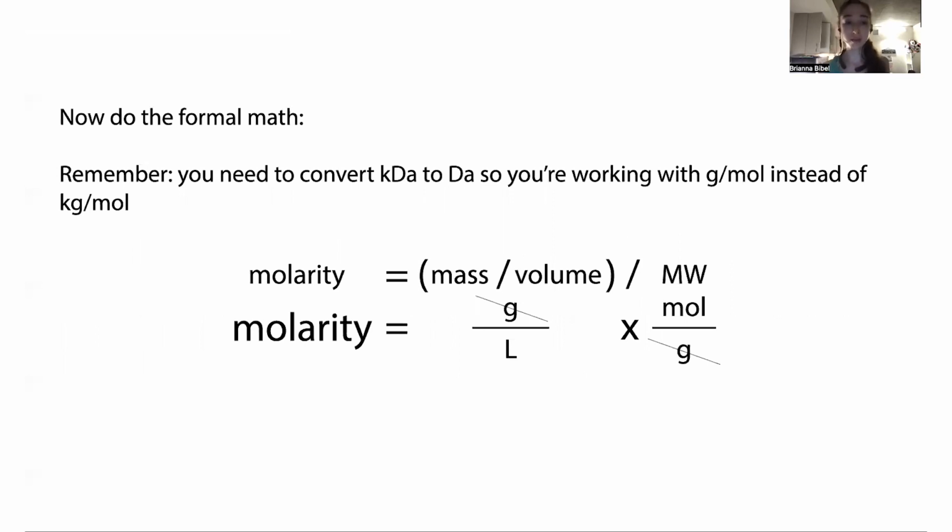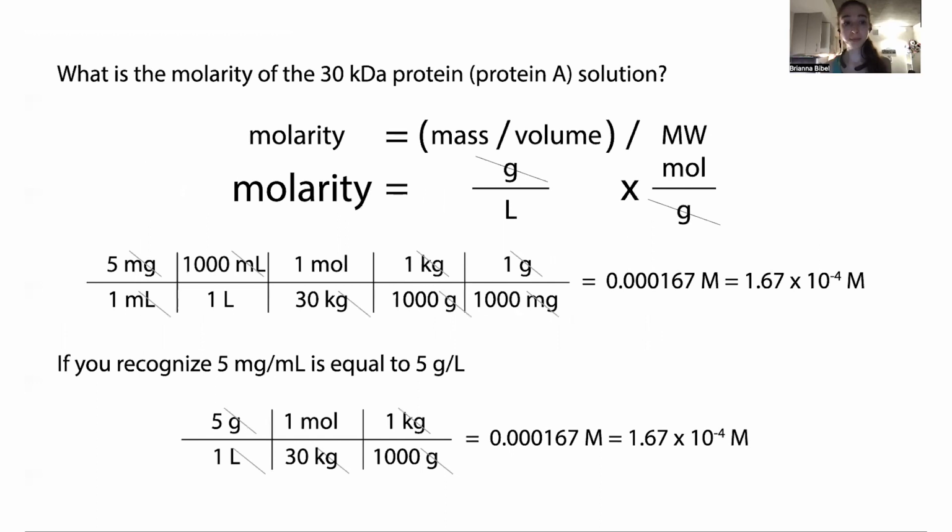So remember that we're given kilodaltons, but we need to use Daltons. And so we need to work with grams per mole instead of kilograms per mole. We can do this all with dimensional analysis, doing it all formally, canceling out all of the units, or we can take some shortcuts.